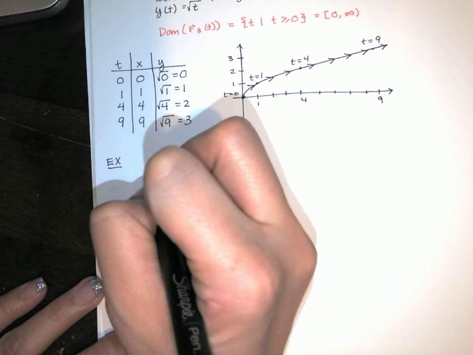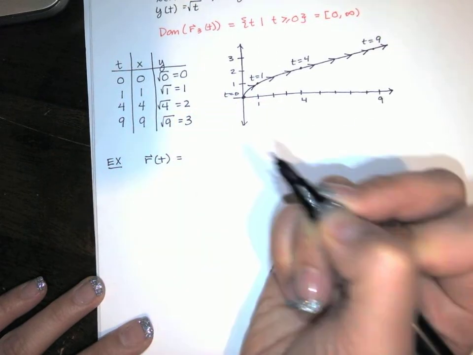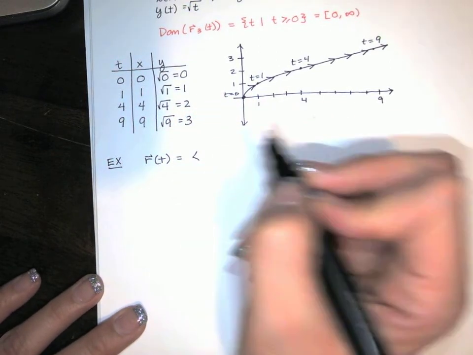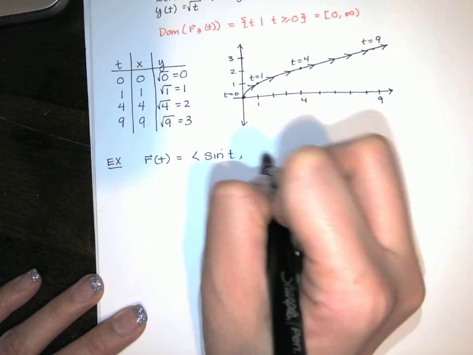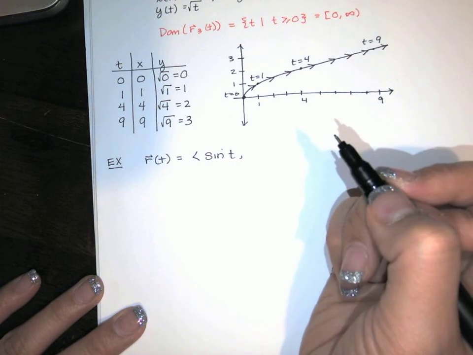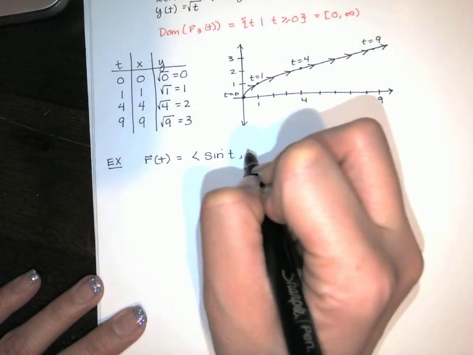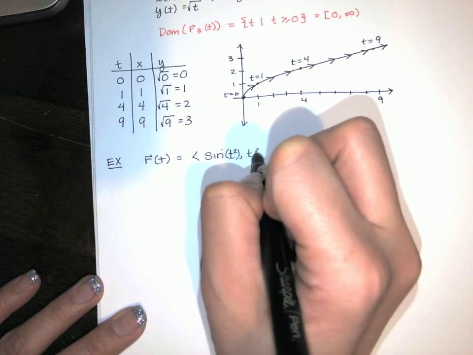So let's say that r of t equals, let's say sine of t squared and t squared.